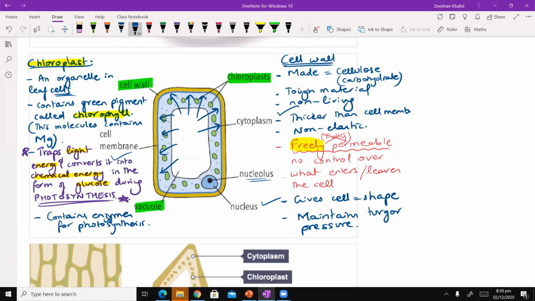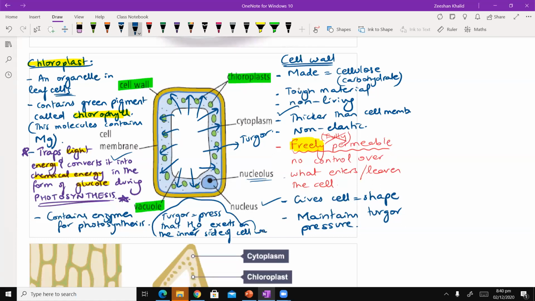The water, once it's inside, exerts pressure on the inside of the cell wall, and you call this pressure the turgor pressure. So if I were to define turgor pressure, it would be the pressure that water exerts on the inner side of the cell wall. Inshallah, we will be talking about this in detail also in plant transport. But I think it was important that we know all of this.